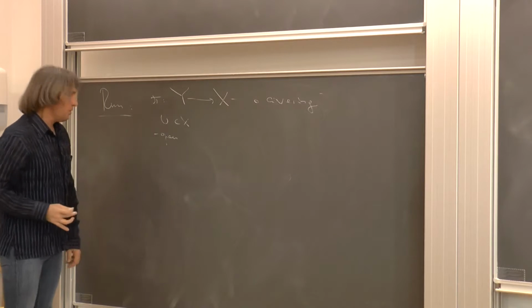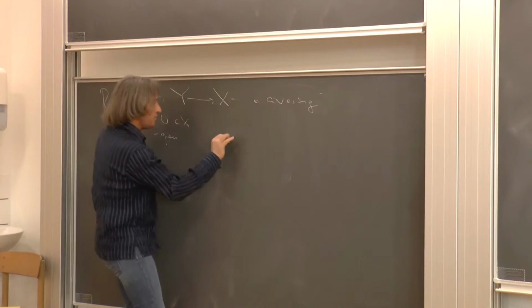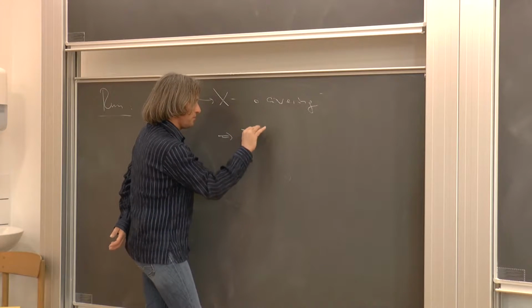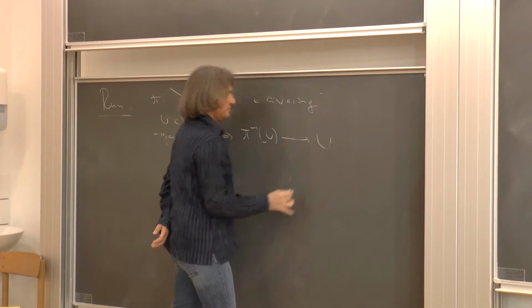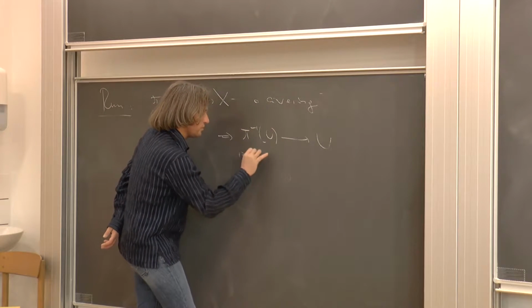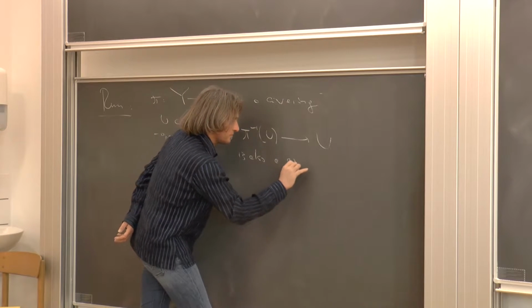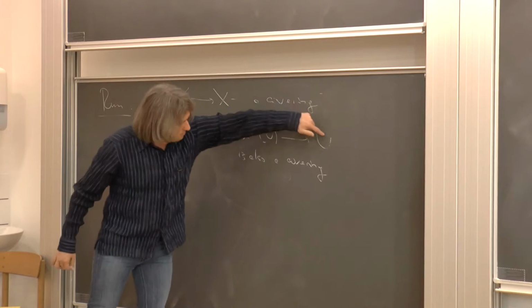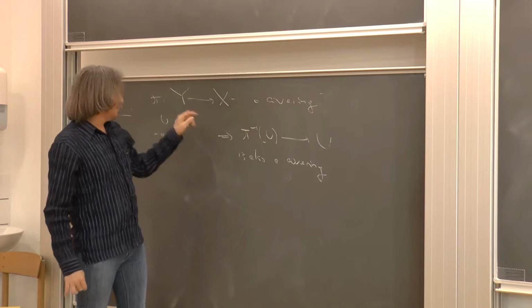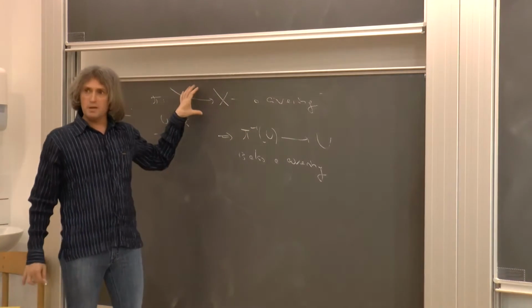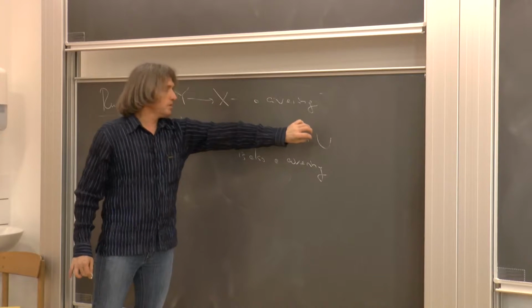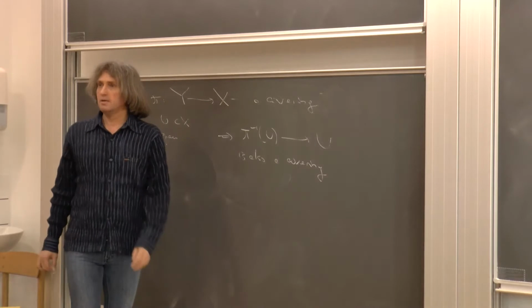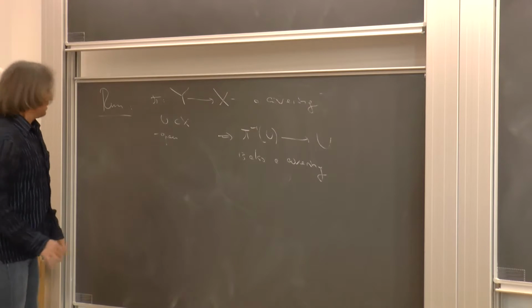Actually any, but open is good enough. It follows from the definition that the map from the preimage of U to U is also a covering. So what do you need to check? For every point, its preimage is discrete, but this is true for an even bigger space. For every point, there's a neighborhood whose preimage is a disjoint union of the same neighborhoods. Yeah, it's still true. Good.